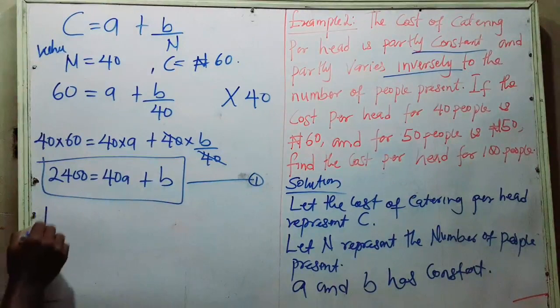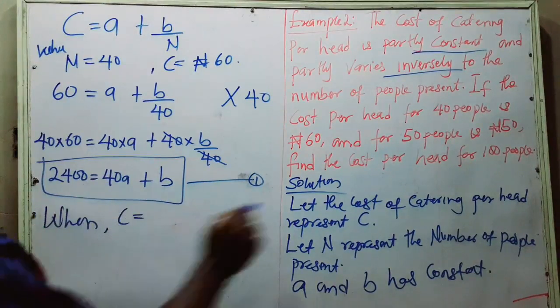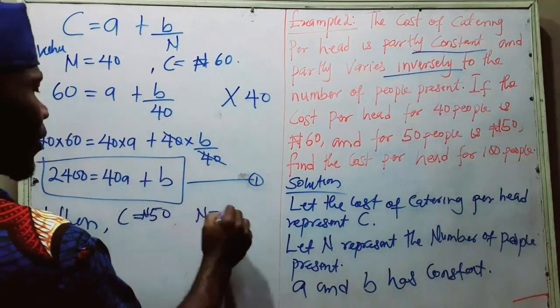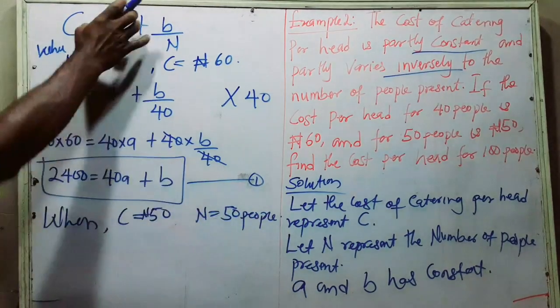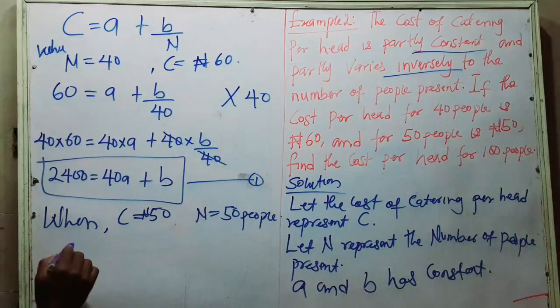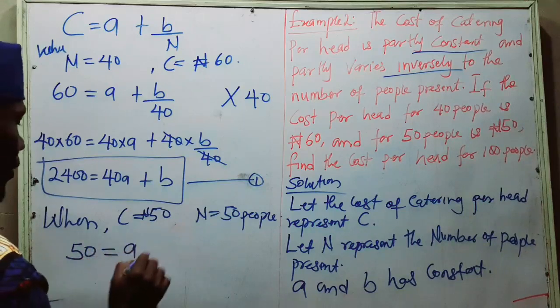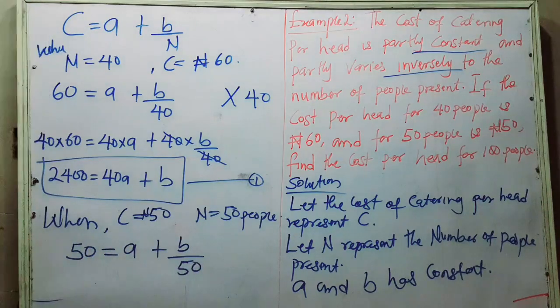So when C is equal to 50 naira, that is the cost, and L is equal to 50 people, let's insert these values into this equation. 50 naira is equal to the first constant plus the second constant over the number of people. So this is how it will look: 50 is equal to A plus B over 50.